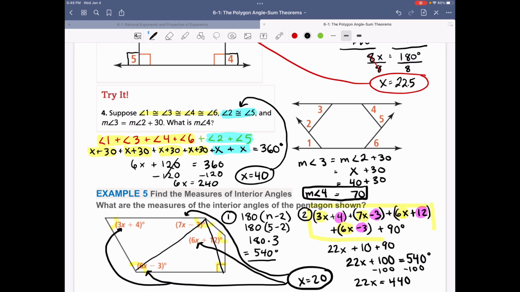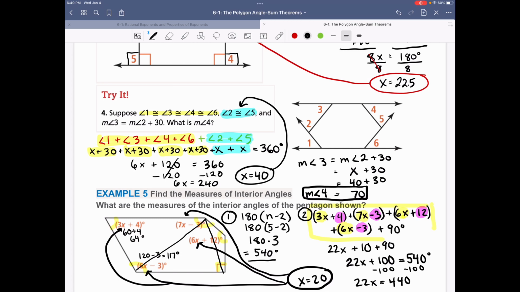So 3 times 20 is 60. Plus 4 is 64 degrees. So that angle is 64 degrees. This bottom angle, 6 times 20 is 120 minus 3. That's going to equal 117 degrees.